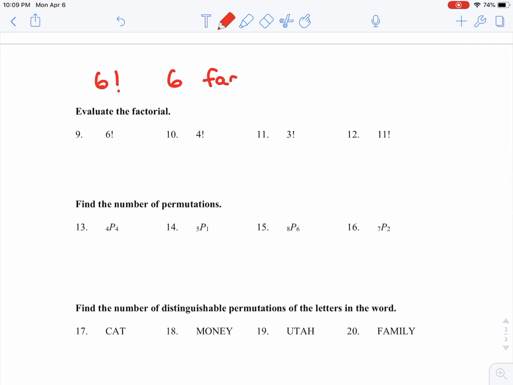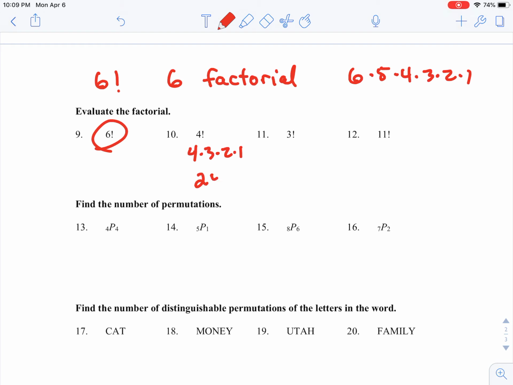What this number means is 6 times 5 times 4 times 3 times 2 times 1. So instead of writing that out, you can say 6 factorial, and there's a calculator button. So 4 factorial is 4 times 3 times 2 times 1, which is 24. I did that without a calculator, but when you use some big number, it's crazy.